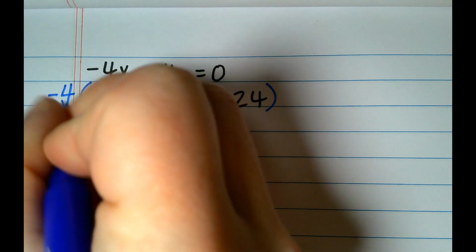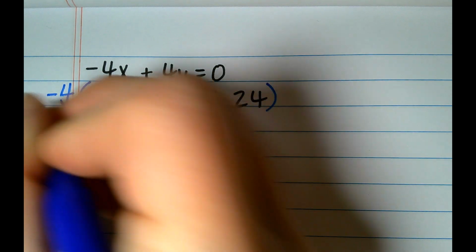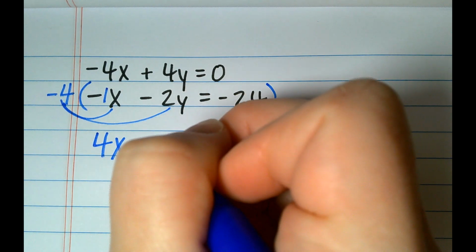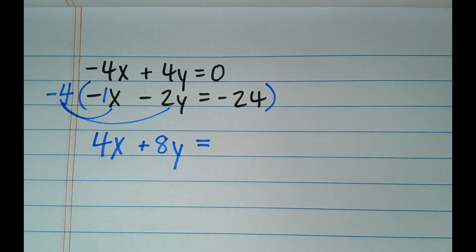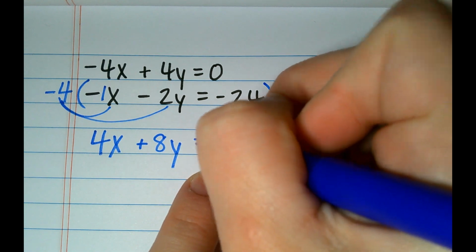This would give us 4x, negative 2 times negative 4 is plus 8y, and negative 4 times negative 24 would give us positive 96.